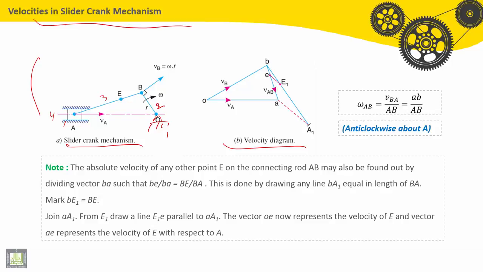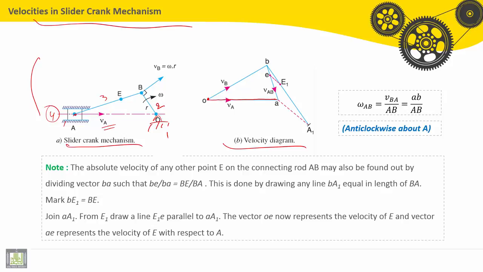The steps for drawing the velocity diagram are the following. We start by drawing point O. After that, the piston point A has a linear velocity VA. We draw VA with a suitable scale, parallel to the direction of VA.